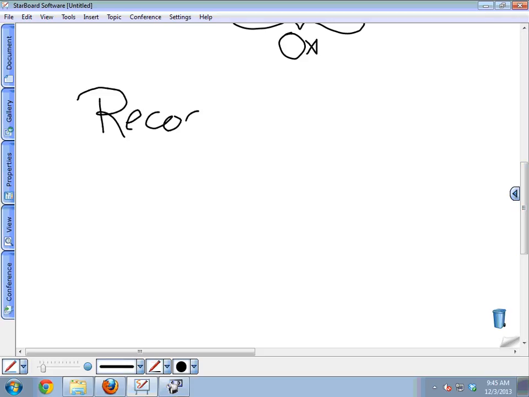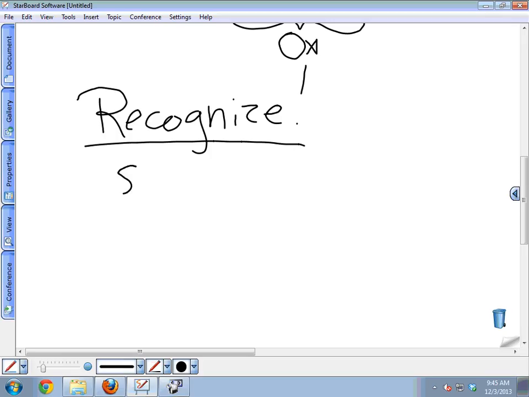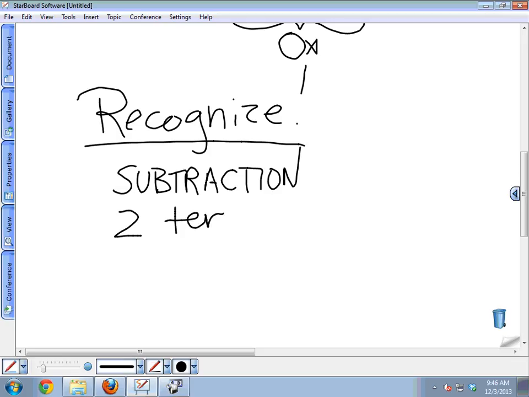Let me give you some key features of these. First of all, you know it's the difference of two perfect squares, right? So when you think about it, I have subtraction, so the minus sign better be there, and it's two perfect squares, so there are two terms, so they're binomials.